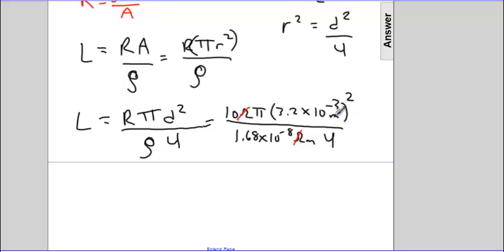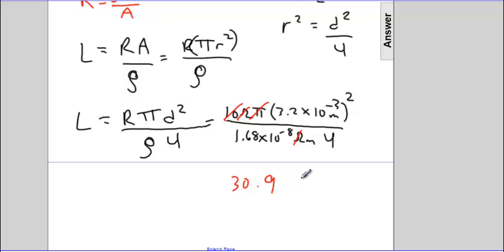Let's approximate. Pi is 3.14. Sometimes in my world I'll just call that 3. What is 3 times 10? That's 30. So we're accounting for the 10 and the pi. Next we're going to square everything inside of the parentheses. What is 3.2? That's almost 3. So what is 3 squared?